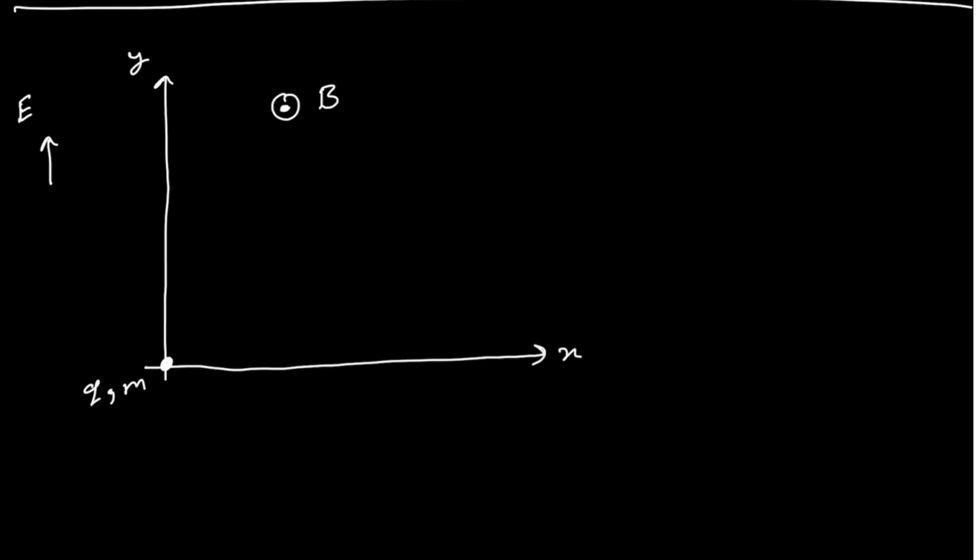So because of these two forces, electric force and magnetic force, the path of the charged particle will be something like this curve. Now we want to analyze what this curve will be and how this particle will move.